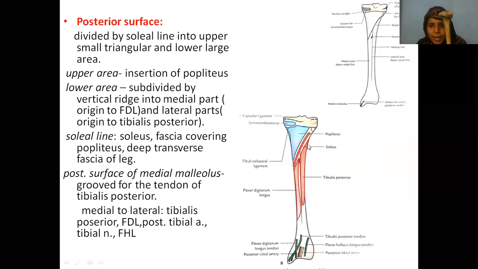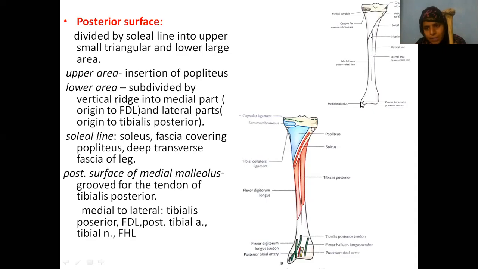It is so named because the soleus muscle is attached. I'm talking about surfaces. Then behind you have one more vertical line like this, which divides the posterior surface into two further surfaces.